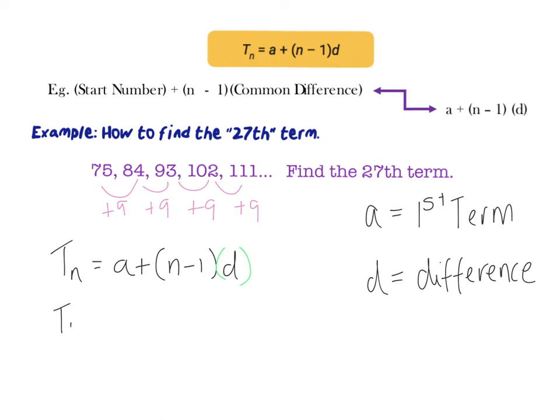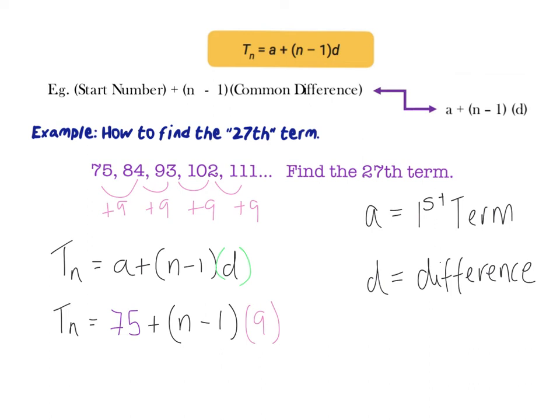So Tn equals, my first term is 75, and I'm going to put that in purple because that's the way I have it in the thing. So my first term is 75. And to that 75, I add n, which we don't know at the minute. We're just going to leave it as n. Minus 1 times D, which we know the difference is 9.